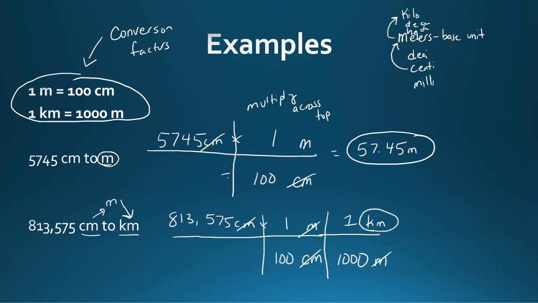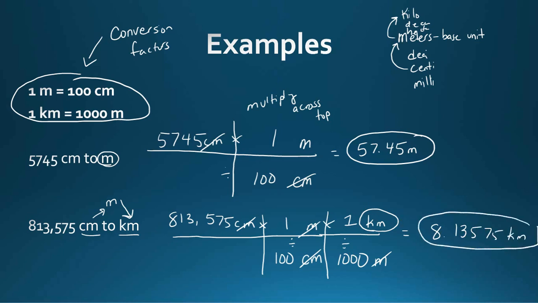So you multiply across the top of our goalposts. It's just 813,575 times 1 times 1. Now you divide by the bottom, divide by 100, and then divide again by 1,000. When you're doing this on the calculator, you hit divide by 100, hit enter, hit divide by 1,000, hit enter, and then you get your final answer in kilometers, which is 8.13575 kilometers.